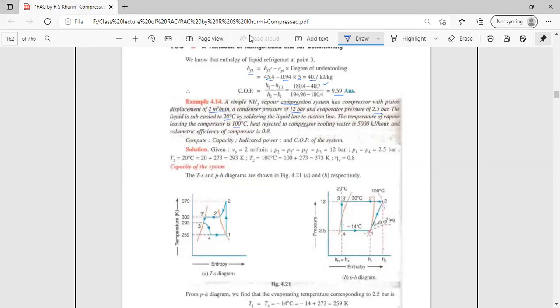Heat rejected to the compressor cooling water is 5,000 kilojoule per hour, and the volumetric efficiency of the compressor is 0.8. Please compute the capacity, indicated power, and COP of the system itself.